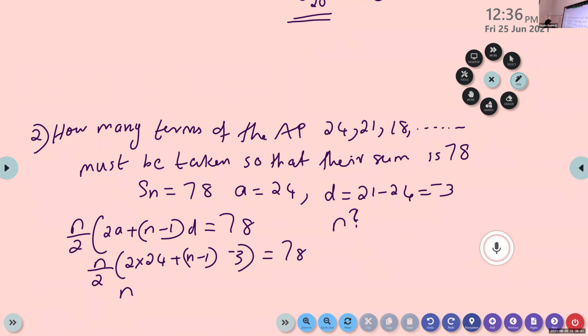So n into 48 plus n minus 1 into negative 3 equals 78 into 2. The 2 in the denominator can be taken to the numerator. So 78 into 2.